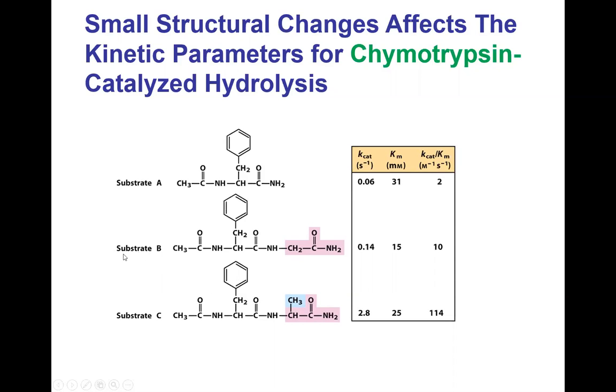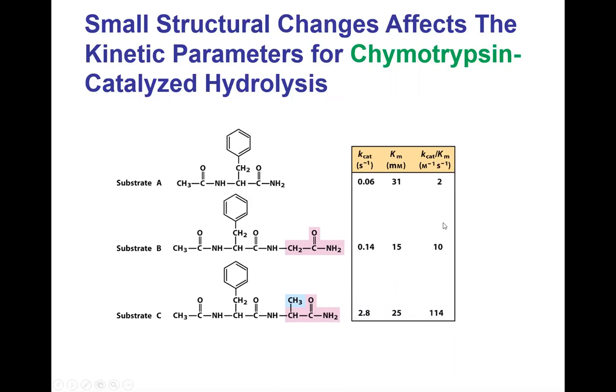Then they took substrate B, where they modified this terminal amide. They put this group here, the acetamide group in pink, and then they measured the kcat and Km. They found that their kcat almost doubled, 0.14, and Km also improved by twofold.